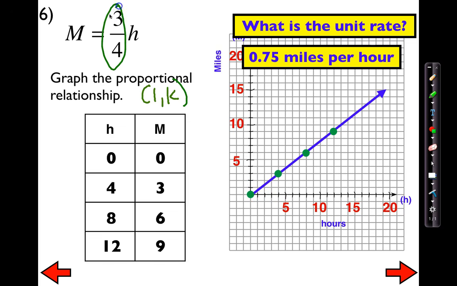Why? Because it comes from the equation. Remember, it's in the form y equals kx. So what's k? K is a constant of proportionality, but when you put all the units together, it is the unit rate as well. So 3/4 is 7,500, which is the same thing. And we just put y over x, so it's miles per hour.